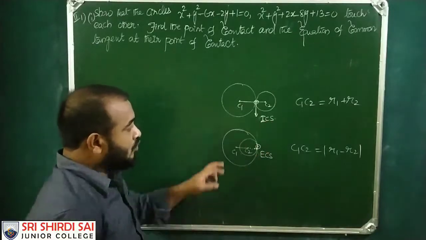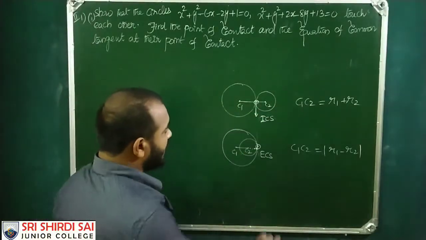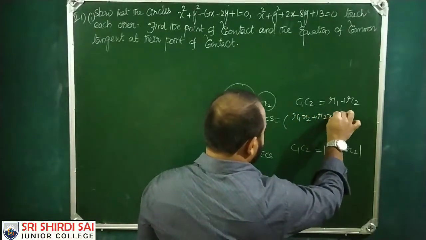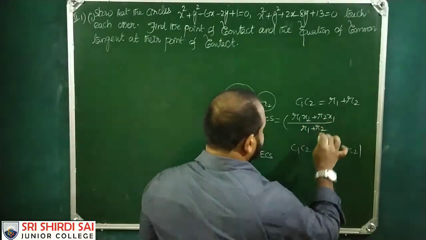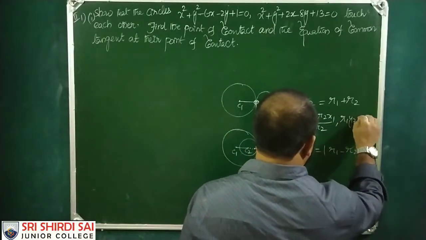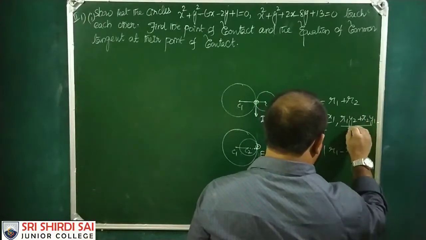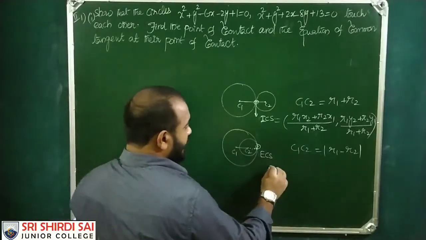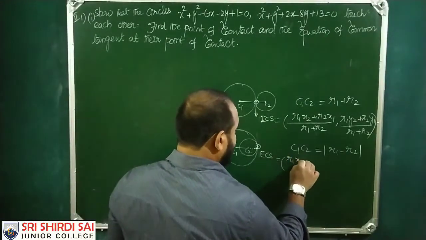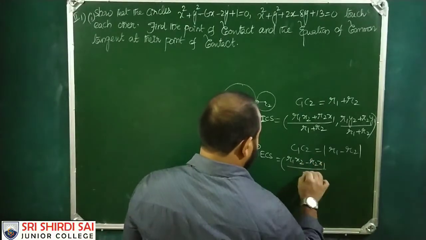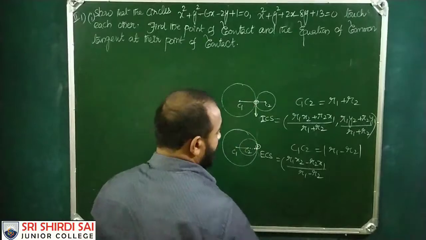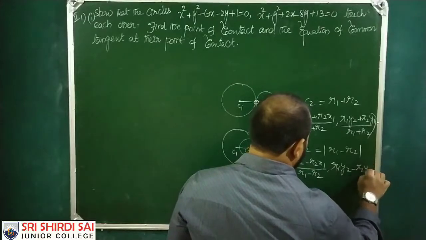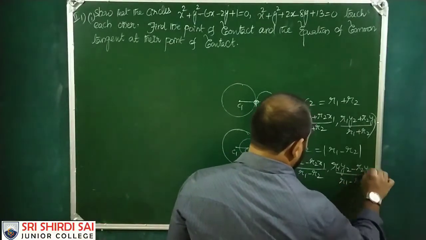If the two circles touch each other like this, then the internal center of similitude is (R1 x2 plus R2 x1) by (R1 plus R2) and (R1 y2 plus R2 y1) by (R1 plus R2). In this condition, the external center of similitude is (R1 x2 minus R2 x1) by (R1 minus R2), comma (R1 y2 minus R2 y1) by (R1 minus R2).